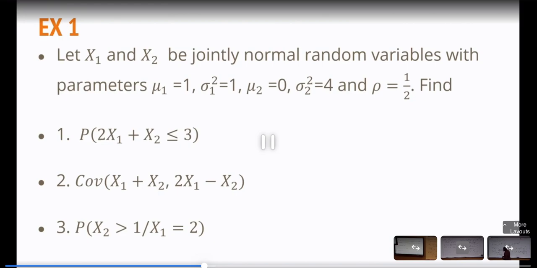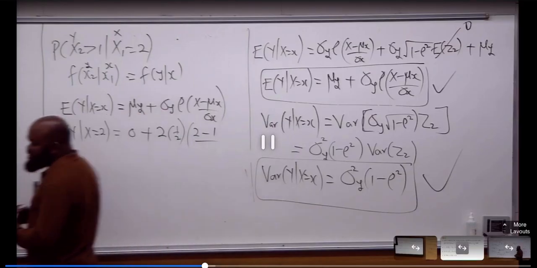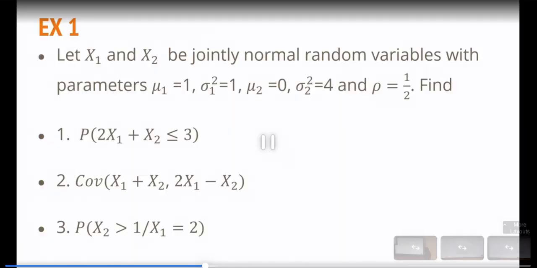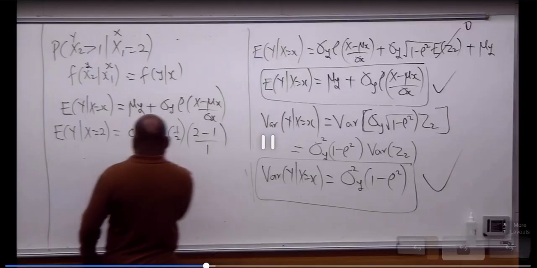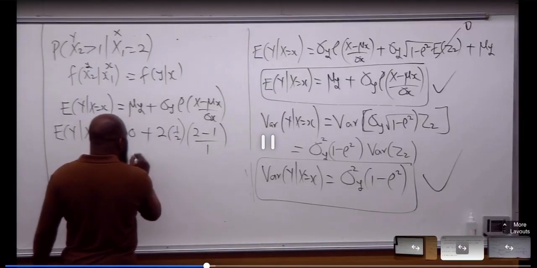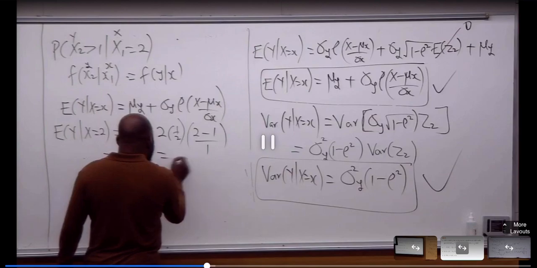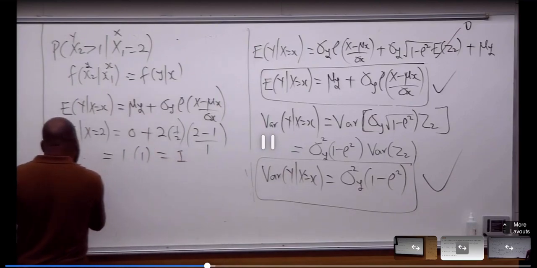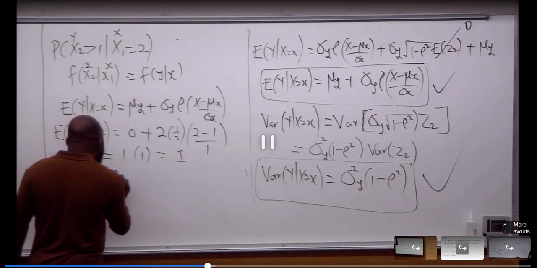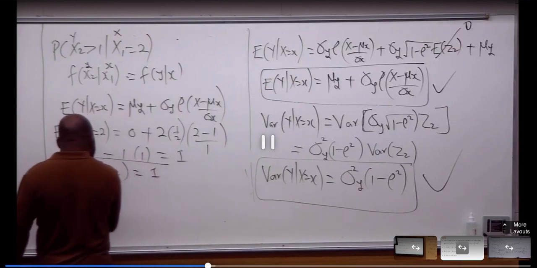Mu 1 is mu s. 1 divided by what is sigma 1? No, sigma s is sigma 1. What is the square root of that? 1, right? So this is going to be 1. So expected value of y given s equal to 2 equals 1.